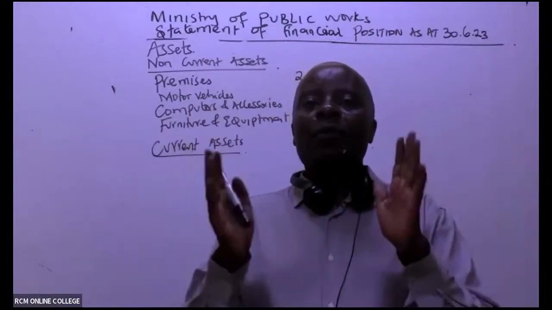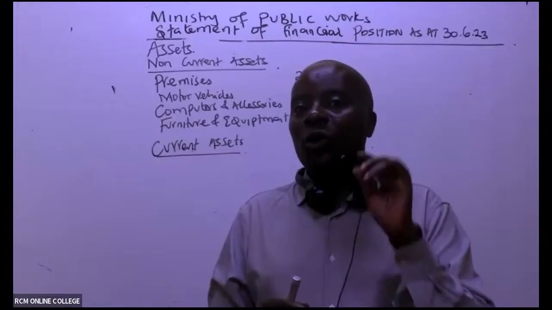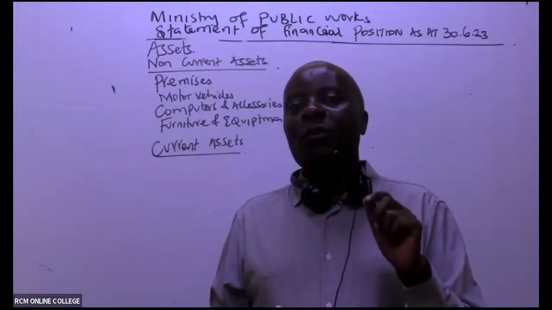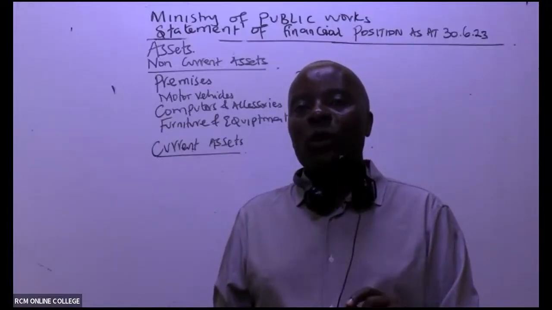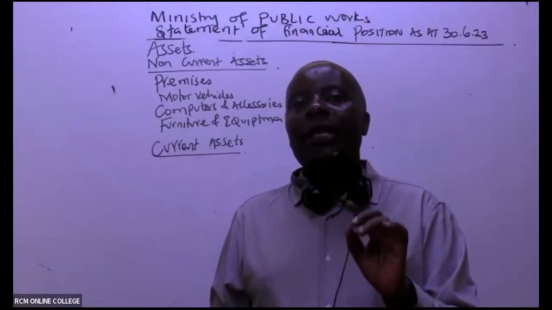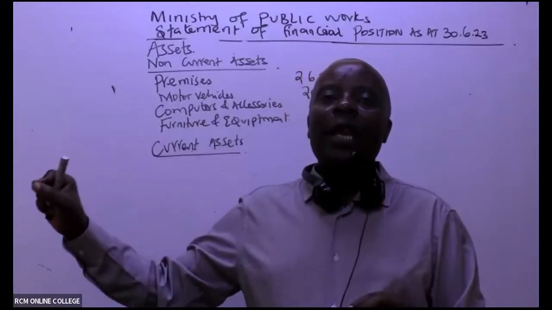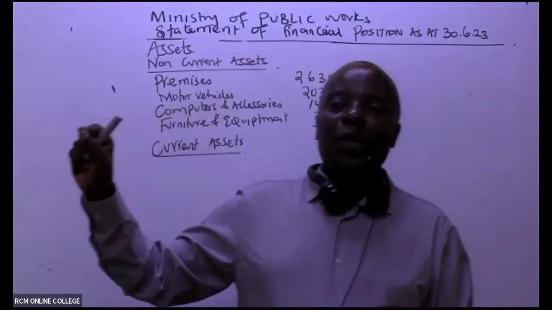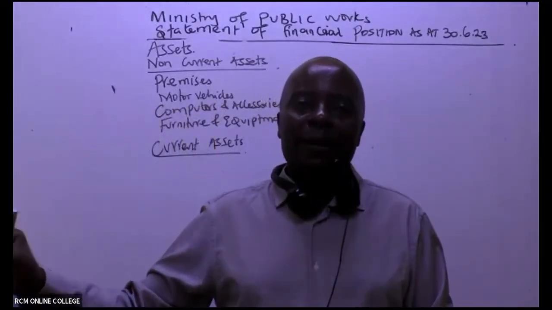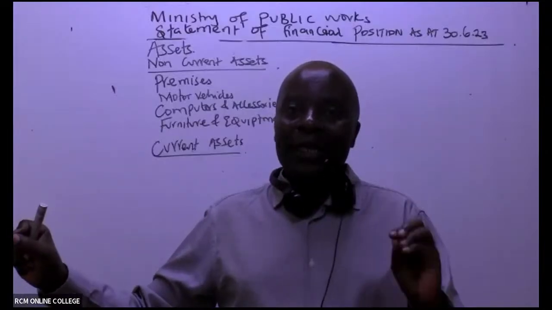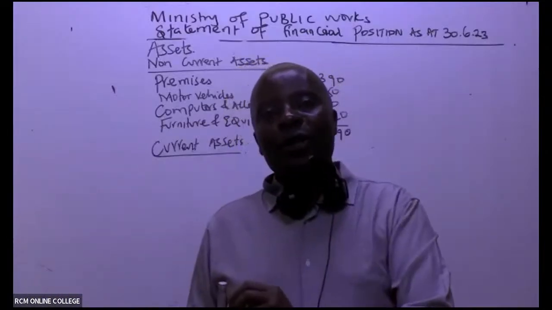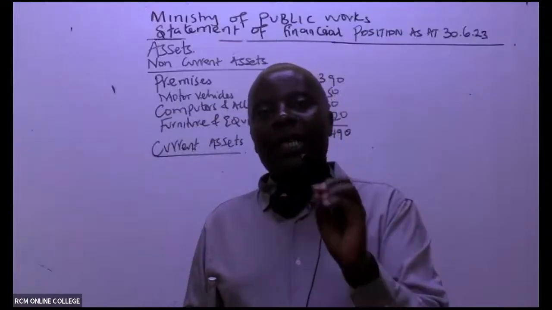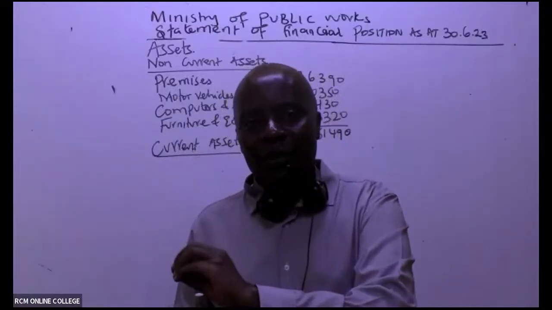All that money for government will be put under what we call the exchequer. It is from this exchequer that we get monies for supporting the various ministries. So when a ministry like the Ministry of Water gets money from the exchequer, that will be revenue. So transfers in from the exchequer, that is revenue.